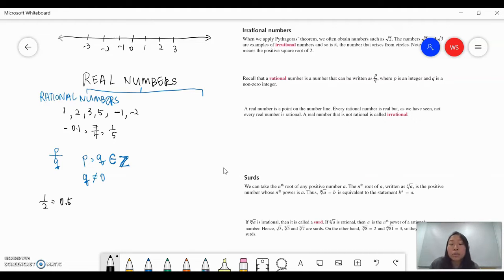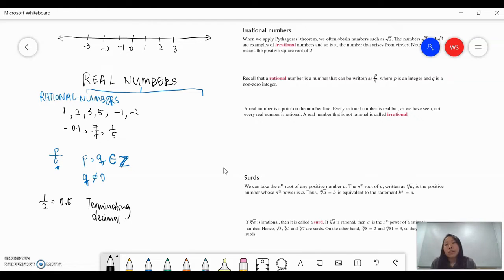And we can also say that under decimal, so in year 8, you have learned this in terms of whether is it recurring, whether is it terminating, whether is it non-terminating decimal. Now, because 0.5 stops at 5, this means that this is a terminating decimal. All right, and then it just falls under your rational numbers as well.